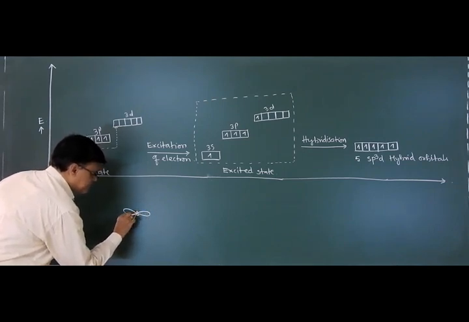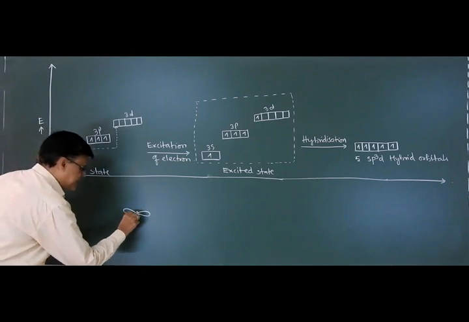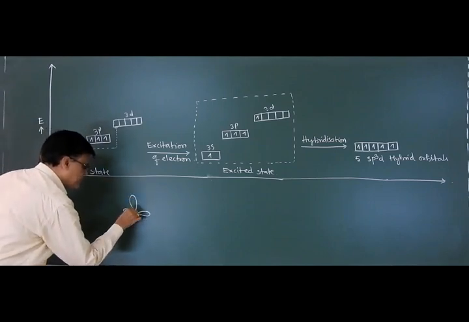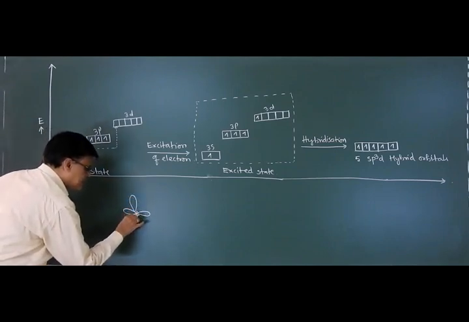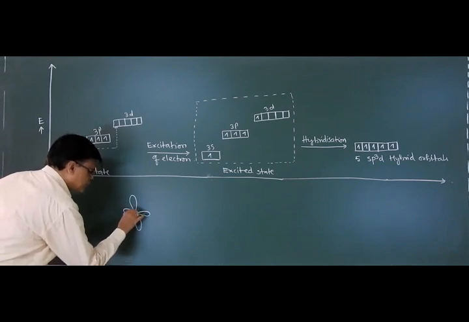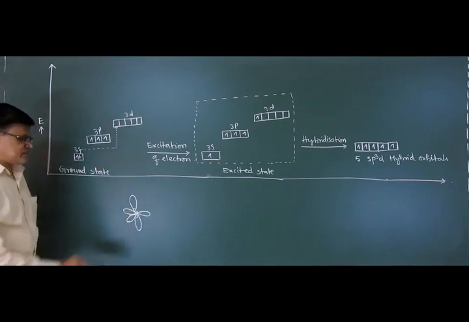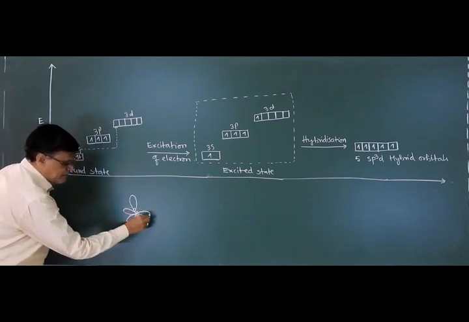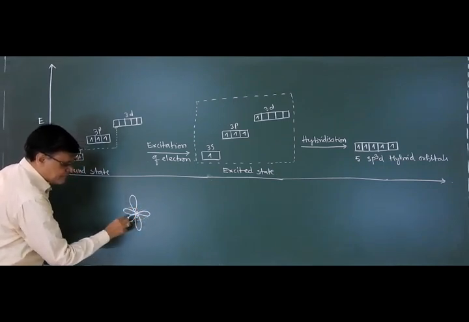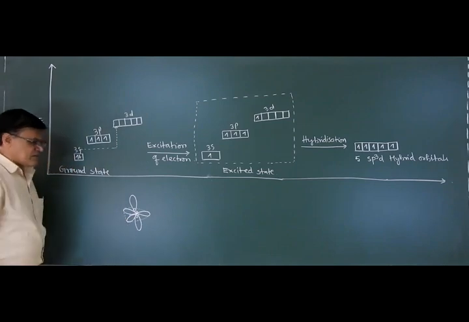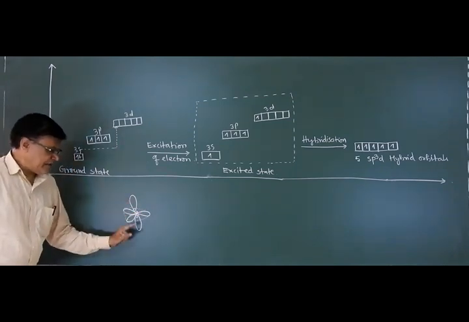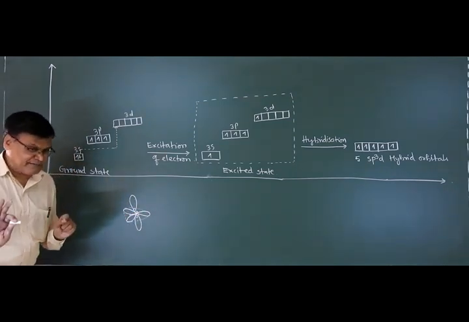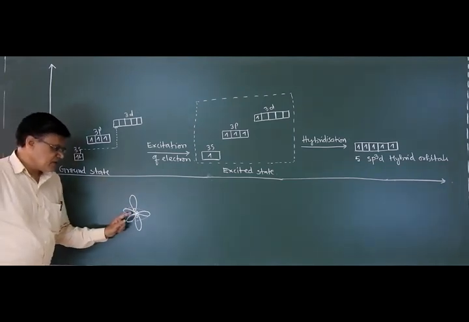This is the trigonal bipyramidal. 1, 2, like this. This is a triangle. Like this. Trigonal bipyramidal arrangement. Right? Now I will explain.